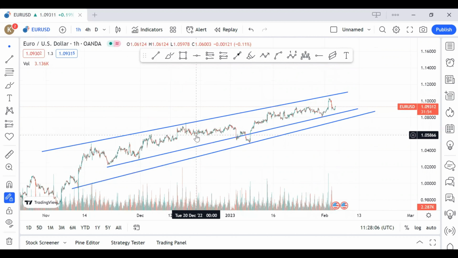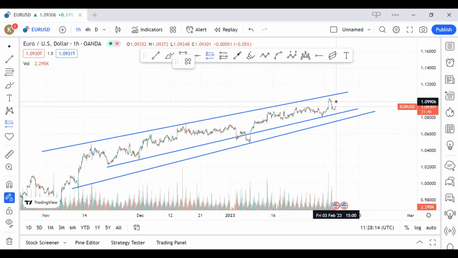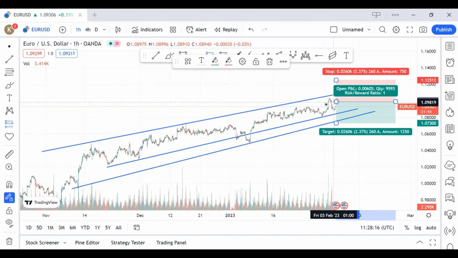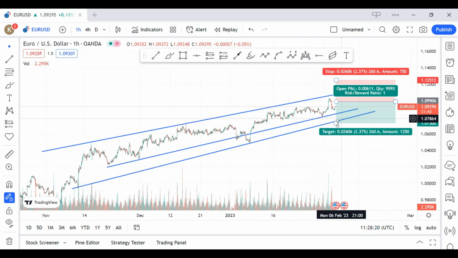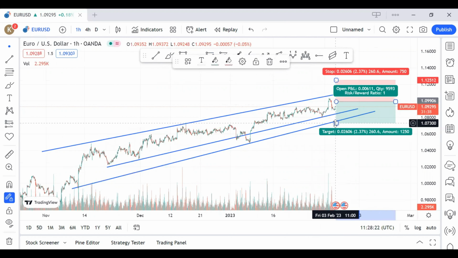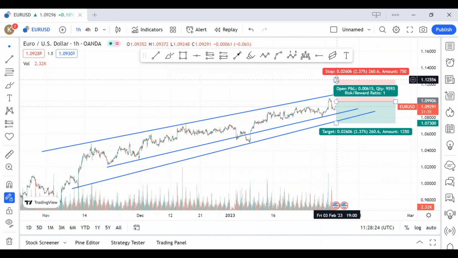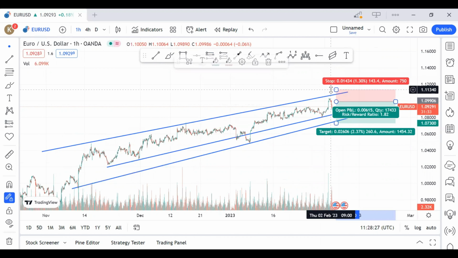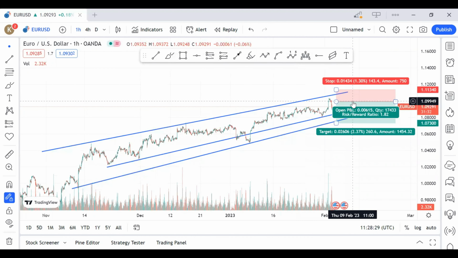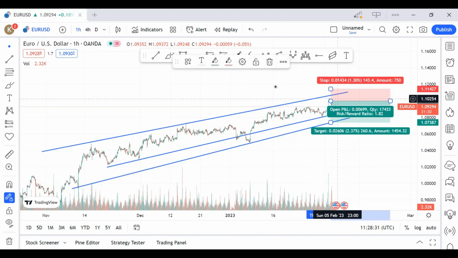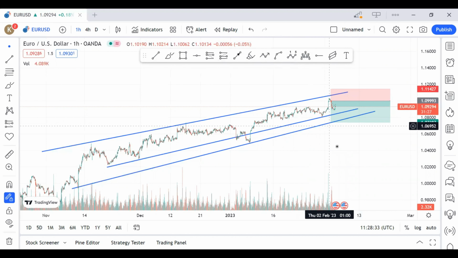Therefore, I would have taken my sell entry points at this level here, until here guys, because as I said, what goes up has to come down and what comes down has to go up. So I would have taken my sell points here and my take profit was going to be here.